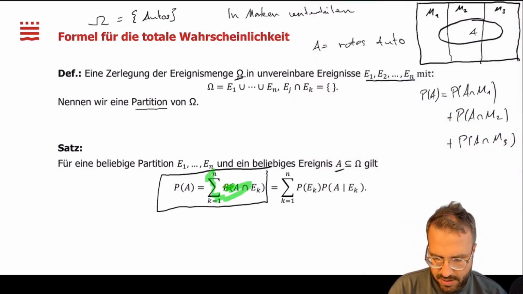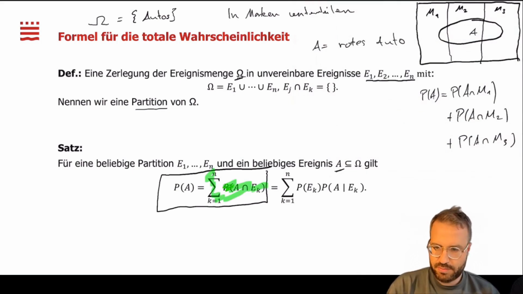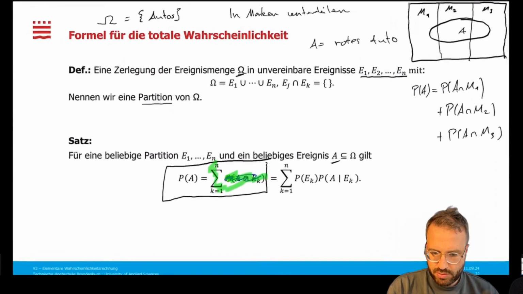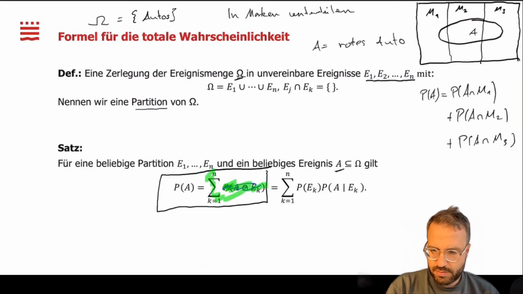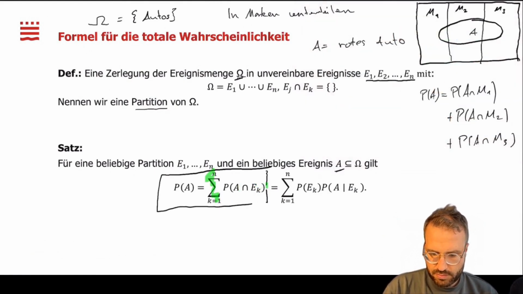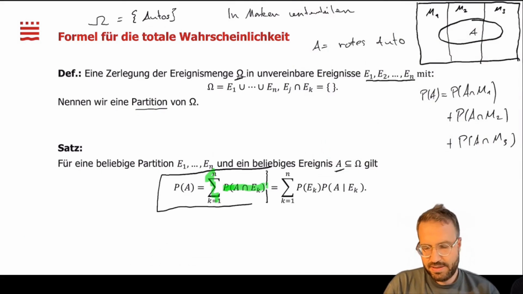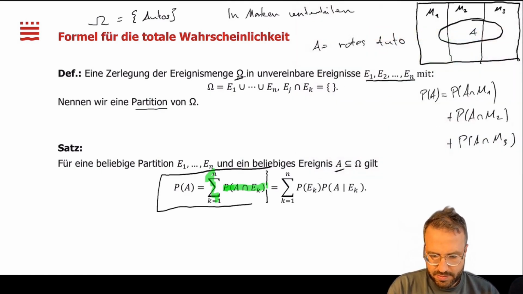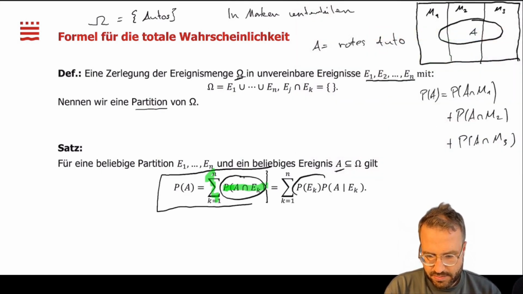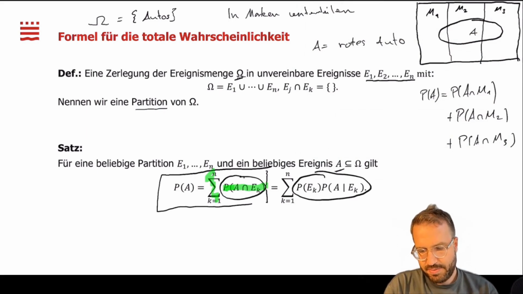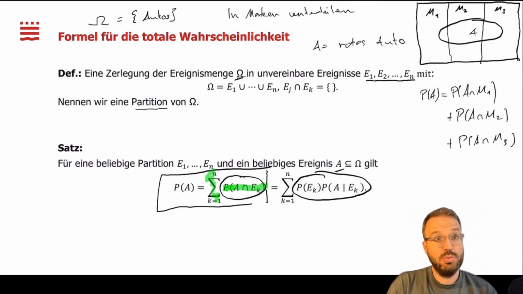And now we can also make use of the multiplication rule, which illustrates a relationship between this term here and this term here. And so thus we obtain the formula for the so-called total probability.